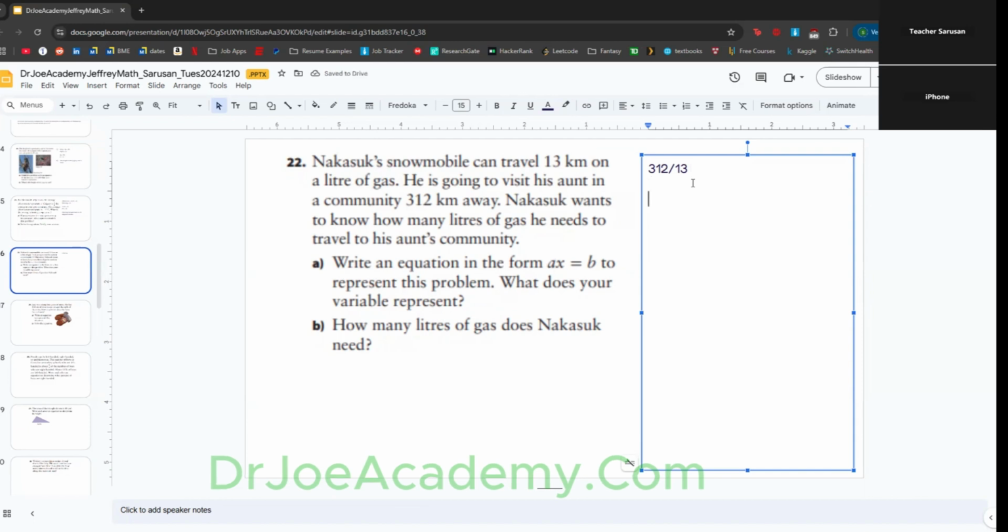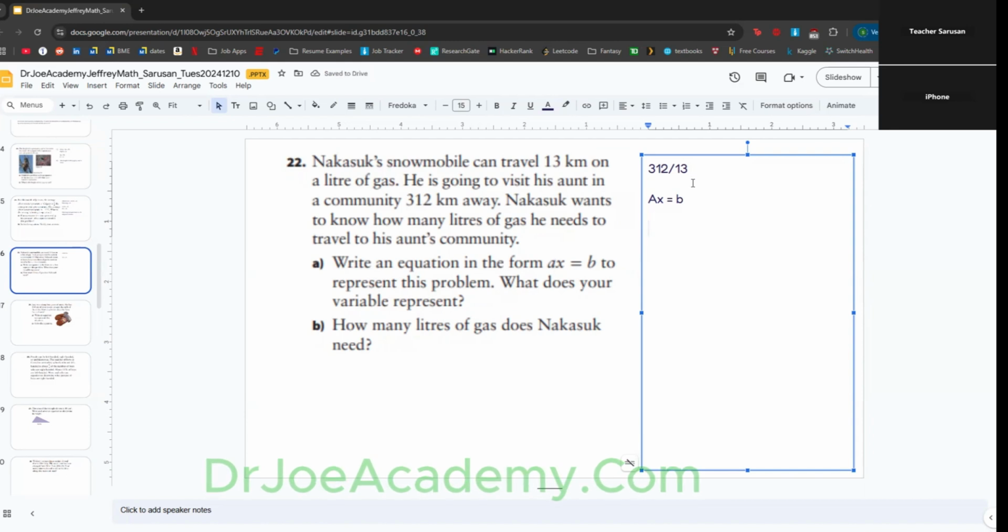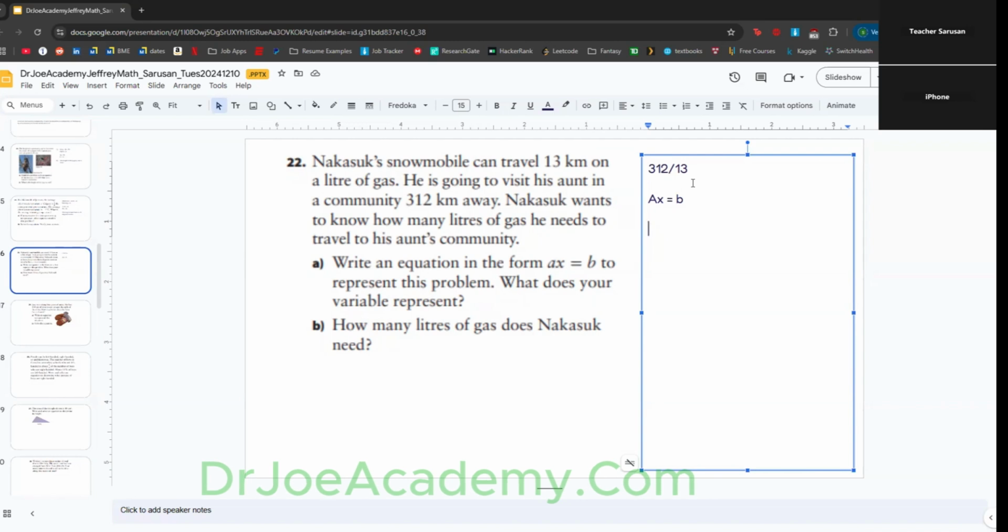And try to incorporate our variables. Remember, we have to do this. AX equals B. AX equals B. I mean, I guess just like 13 times the amount, the 13. Wait, no, that doesn't make sense.